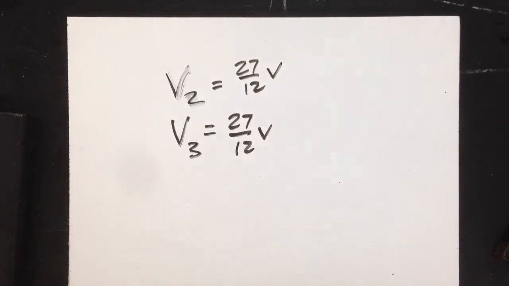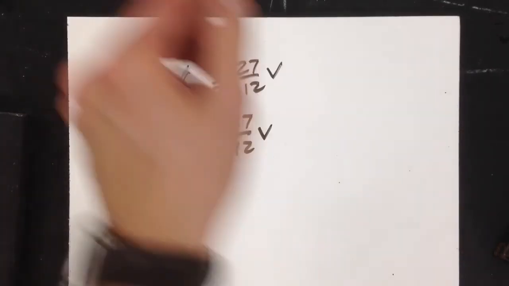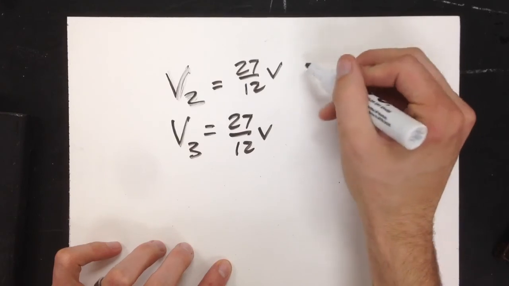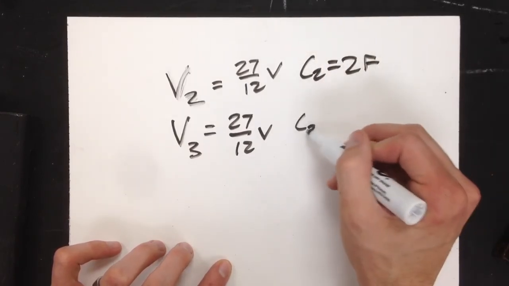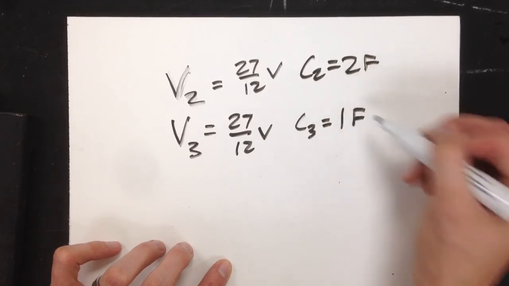Well, I knew the capacitance of C2, it was 2 farads, and I knew the capacitance of the third capacitor, it was 1 farad.